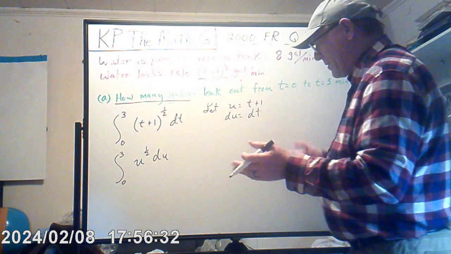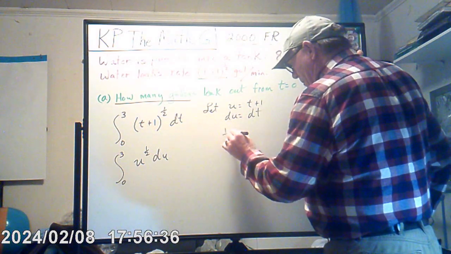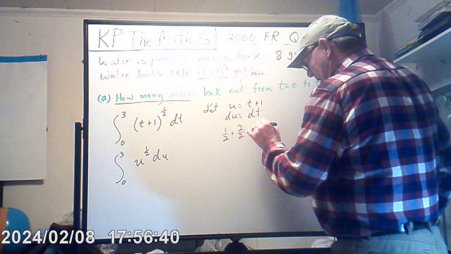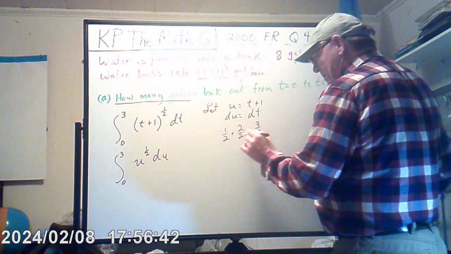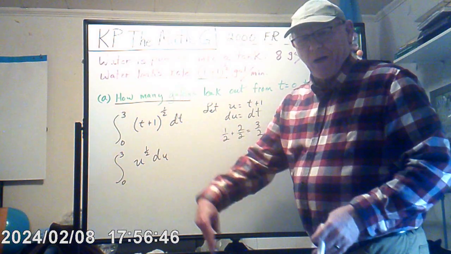And of course, you know how to do that. You add 1 to 1/2, so 2/2 plus 1/2 is 3/2, and remember you can divide by the 3/2 or you can simply multiply by 2/3.